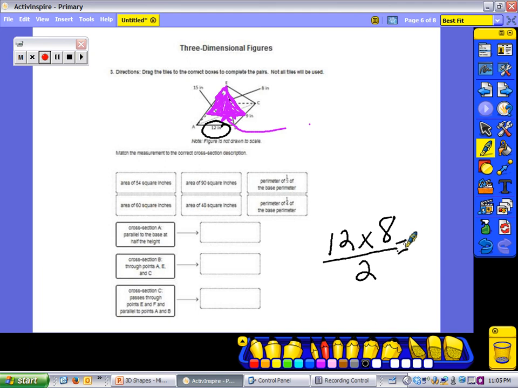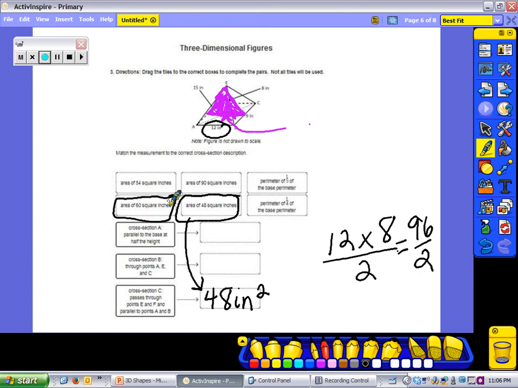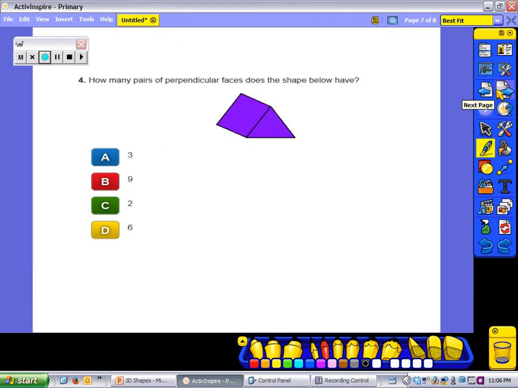I get 96, 12 times 8 is 96, divided by 2, and that would give us an area of 48 inches squared. Okay, so that would be this answer here. So this one is 60 inches squared, and then this one is half the base of the perimeter, so that one goes there.